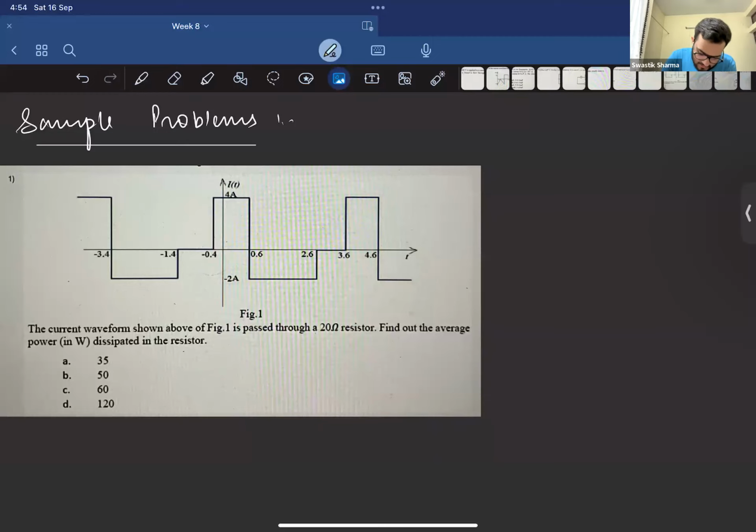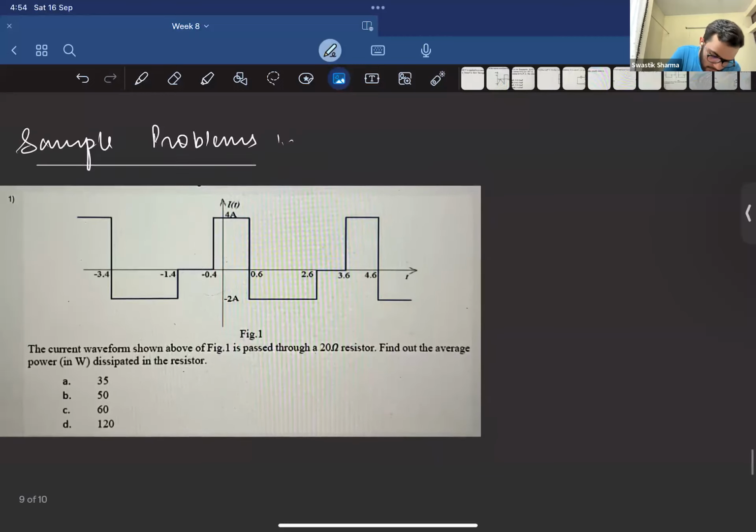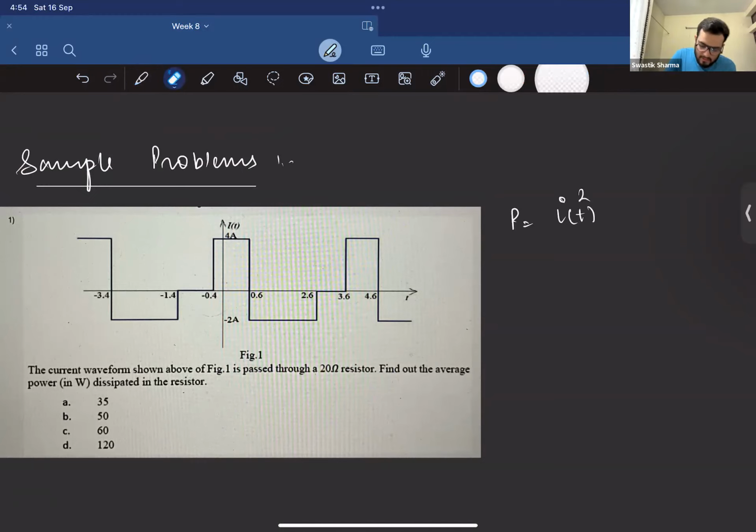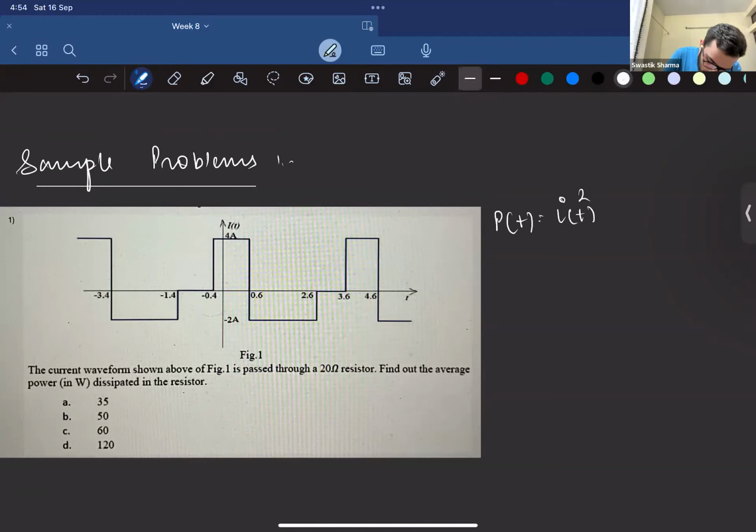What exactly is the power going to be? Power is going to be the square of the waveform equation of the current, multiplied by the value of R, right?